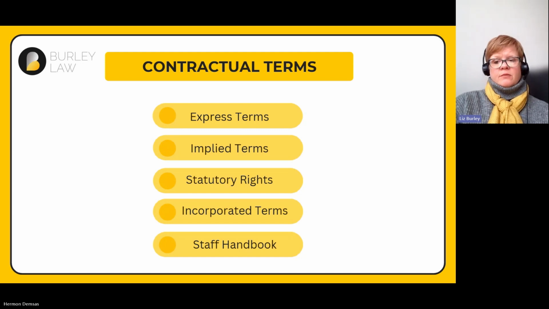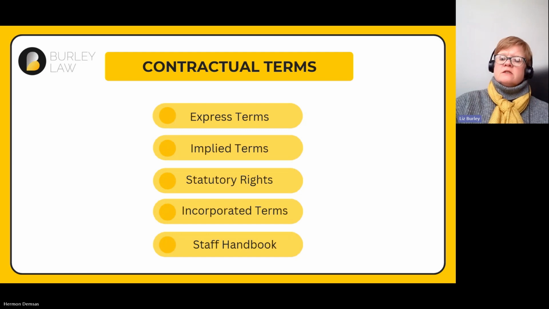If we think about employees in particular, there are some enhanced statutory rights that employees benefit from that are not available to this wider group of workers. They include statutory sick pay, statutory maternity pay, paternity pay, adoption pay, and leave, of course. And minimum notice periods apply particularly to employees.